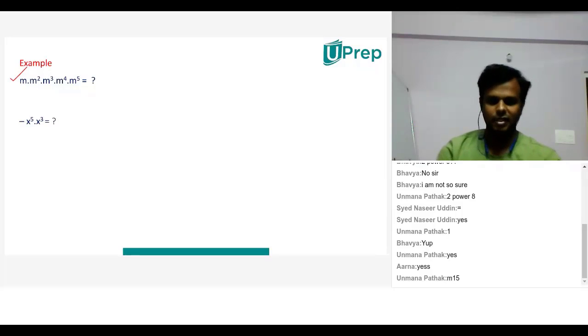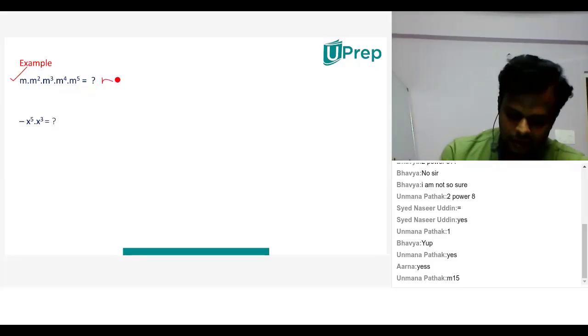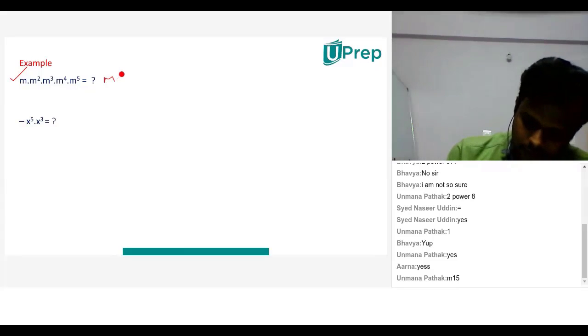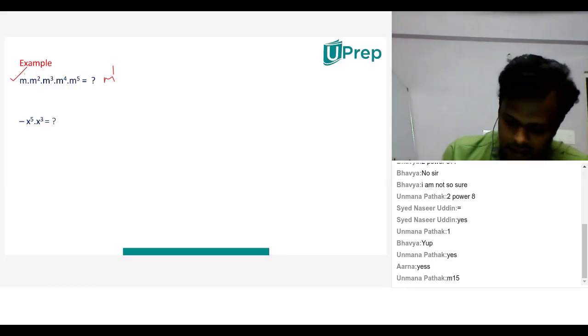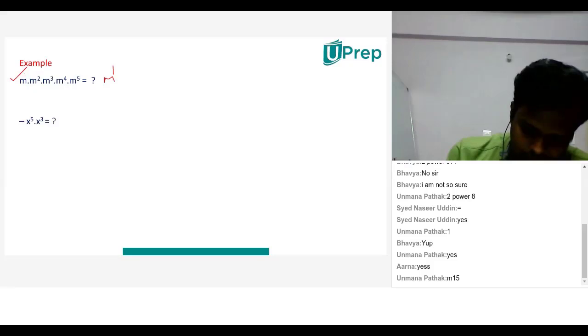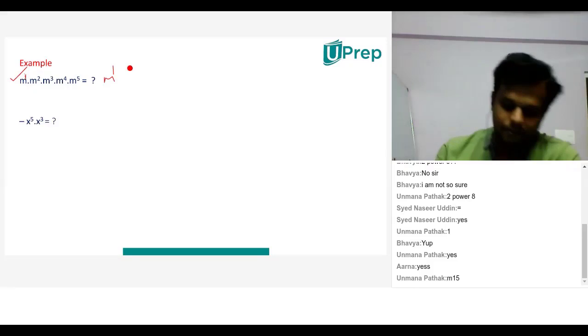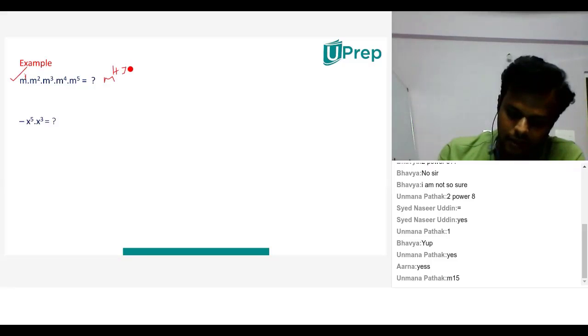Yeah. So children, the base is common for all. Now what do I do? I add 1 because for m I don't have any power written here. That means the power is 1 for the first m. So m to the power 1 plus 2 plus 3 plus 4 plus 5.